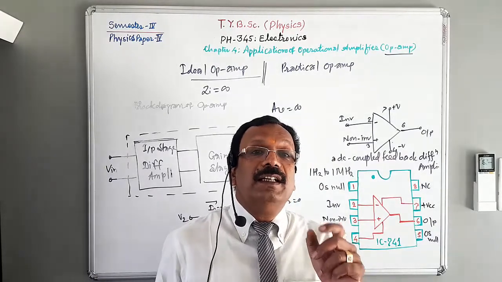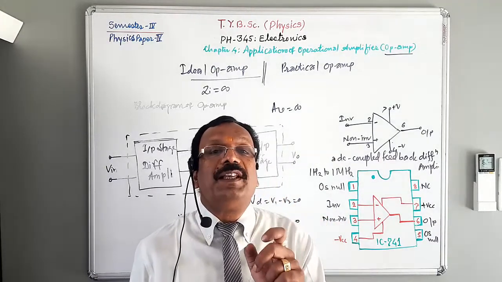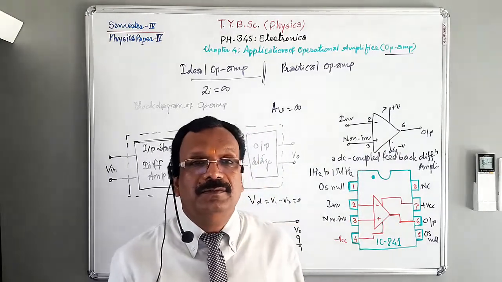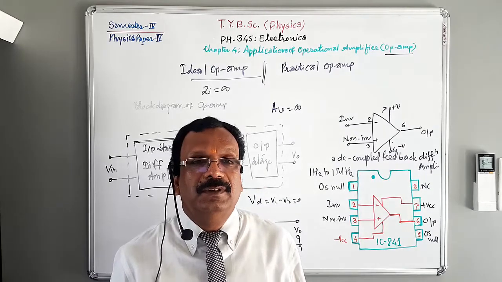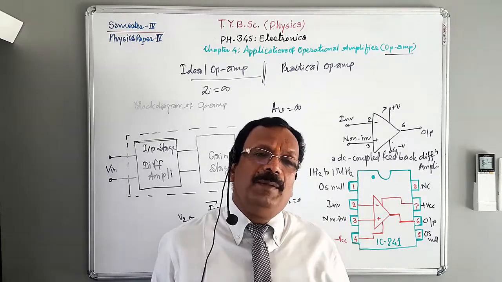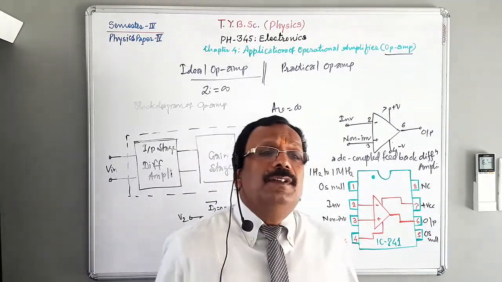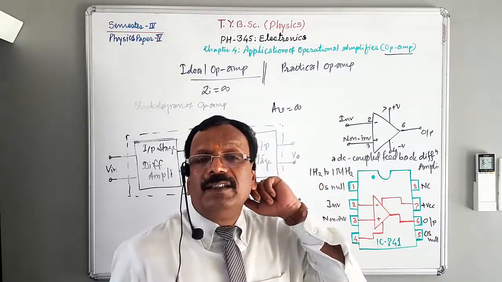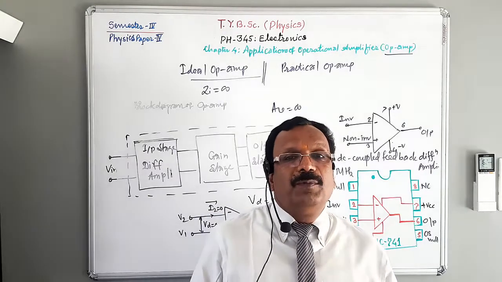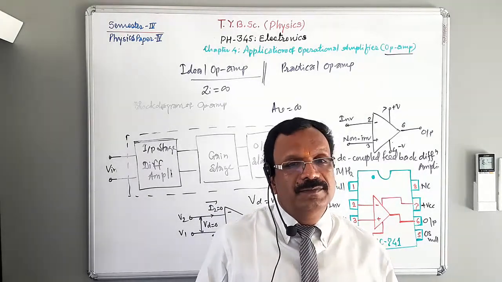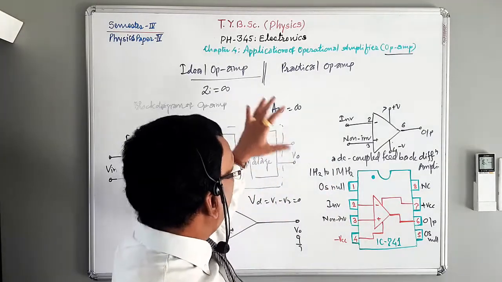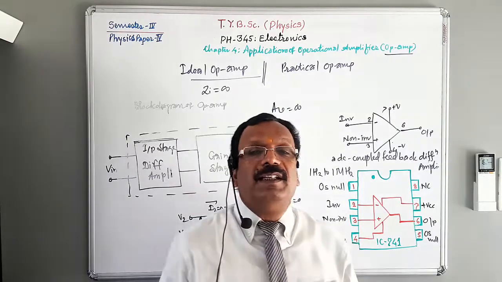Bandwidth is nothing but the range of frequency over which the amplifier performance is satisfactory. There is wide bandwidth and narrow bandwidth. The bandwidth of an ideal op-amp is infinite.